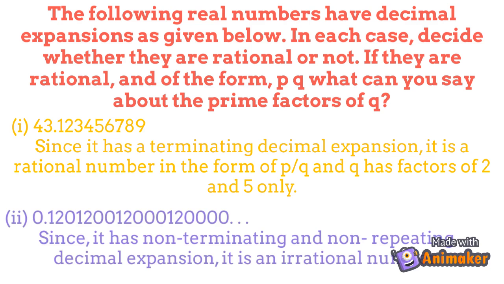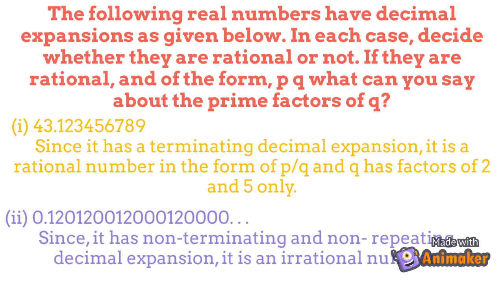The following real numbers have decimal expansions as given below. In such cases, decide whether they are rational or not. If they are rational and in the form of p by q, then what can we say about the prime factors of q? So our first example is 43.123456789. You can see it has an end point. It means after 9 there is nothing, right?